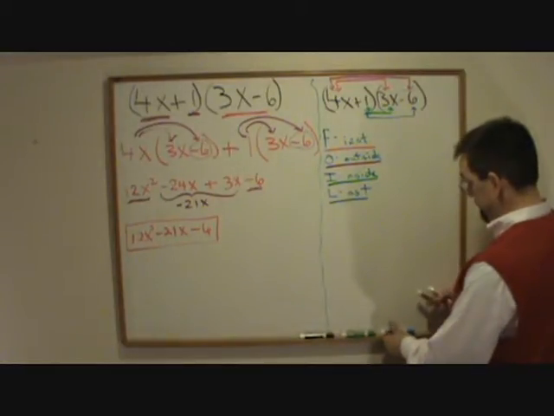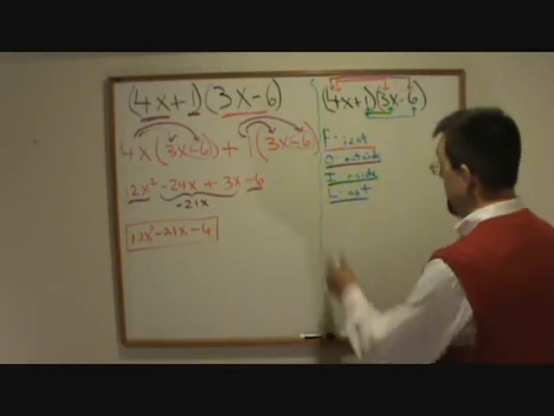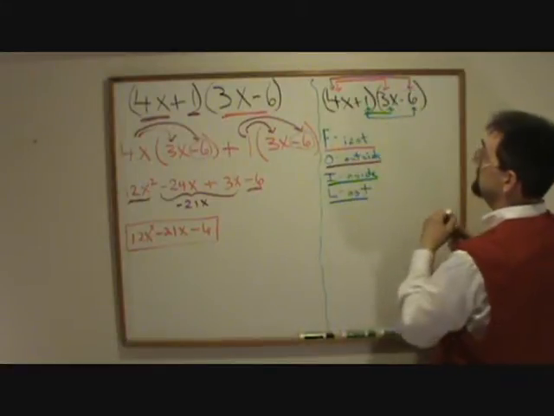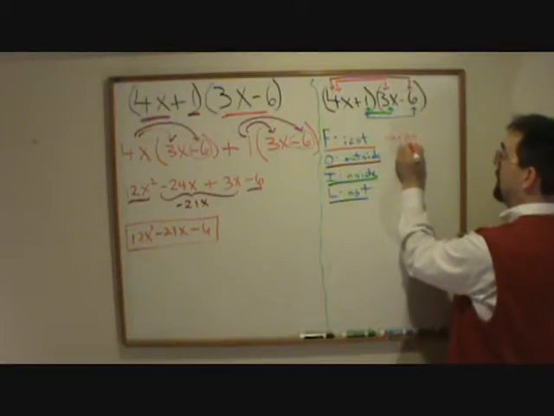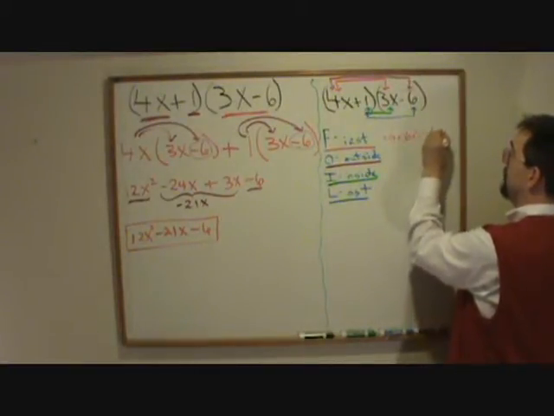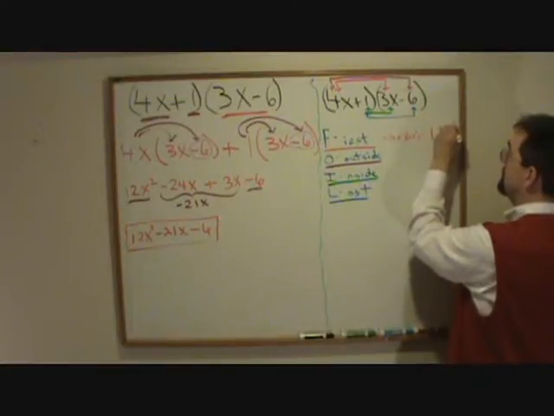Let's see what we get. First, 4x and a 3x gives us 12x squared.